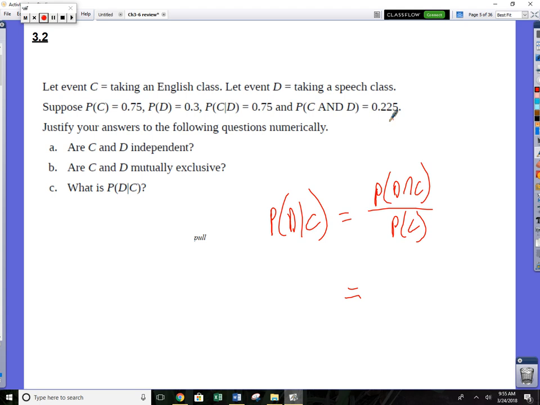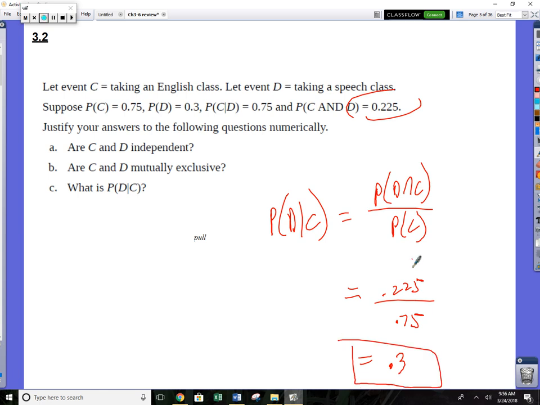The intersection is 0.225, and chances of C happening all by itself is 75. So if we do that, we get 0.3, which is what we hope to expect.